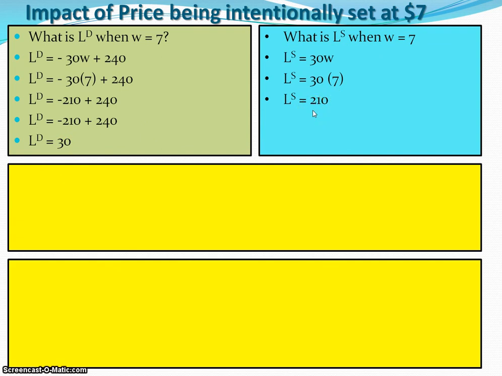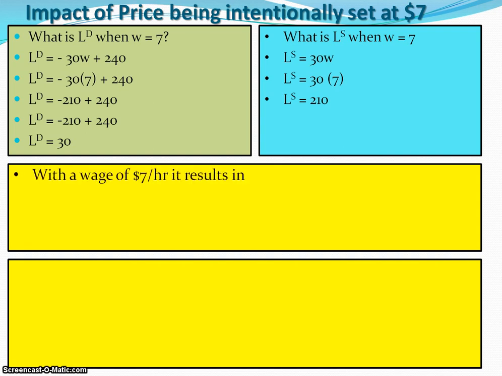And it makes sense because if the price is now $7, meaning the price has risen, it means the demand for the product, in this case labor, would fall because price has risen. However, the supply would rise. Remember, because price is a reward for the supplier, but it's a cost to the demander.